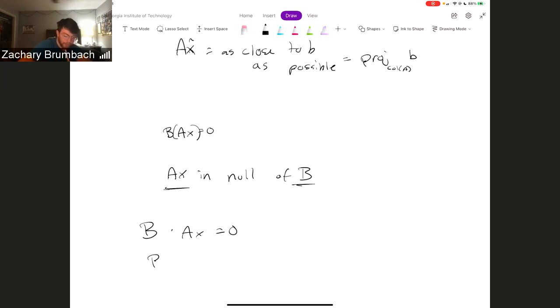So you can think if x is in the null space, well, x tilde because it's technically a different x, then x is in null.